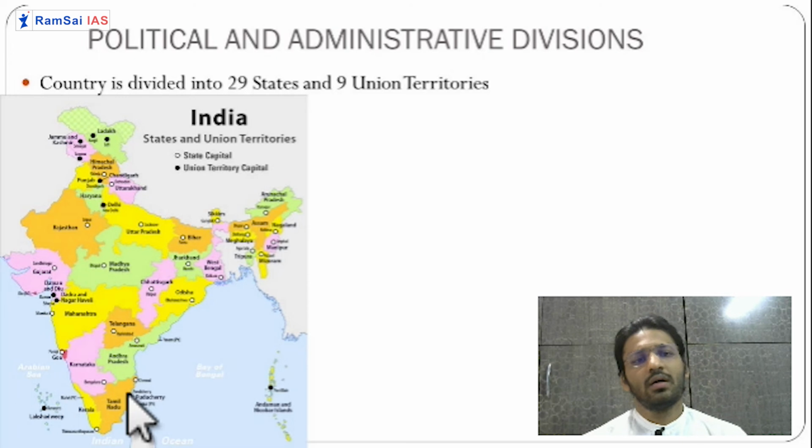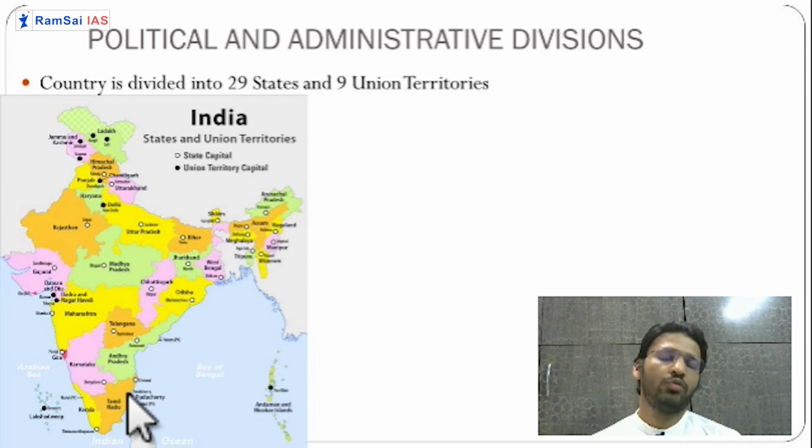Now, a very simple thing: we just saw the physical setting and geographical setting of India. Geographical settings cannot be the base to run the administration, because there are so many problems.